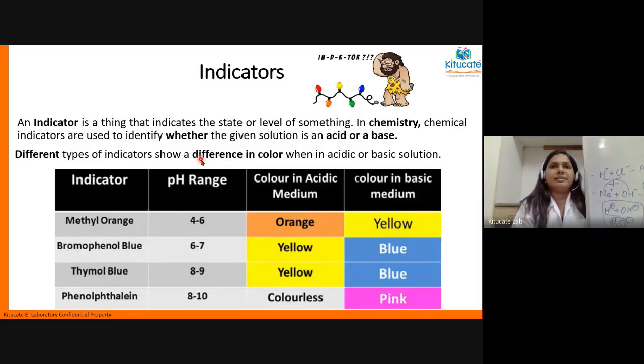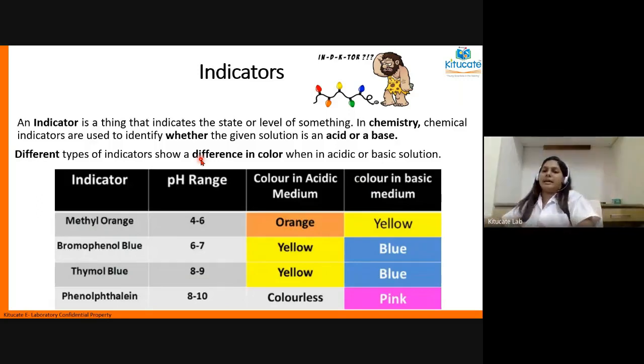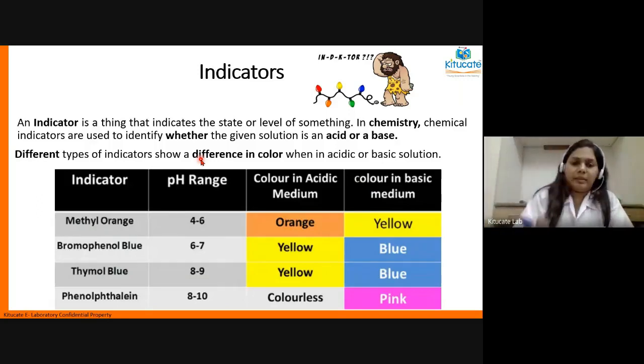When you want to turn left, you put a left indicator. And the signboards also have indications for you. So these indicators indicate whether your chemical is an acid or a base. Their function is exactly what their name says.